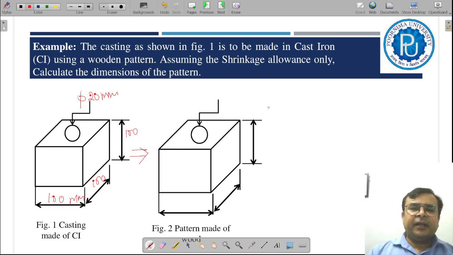Then obviously, as you know, the thermal strain delta L is the coefficient of thermal expansion times delta T, where alpha is the coefficient of thermal expansion and delta T is the temperature change. And this is called thermal strain.